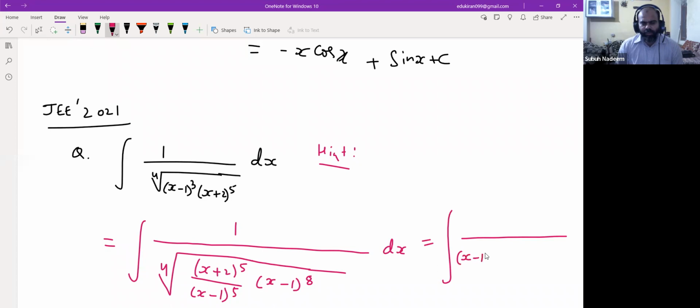So it will be x minus 1 whole square, and then fourth root of x plus 2 by x minus 1 to the power 5. So you can rearrange this question like this, and then think of some substitution.